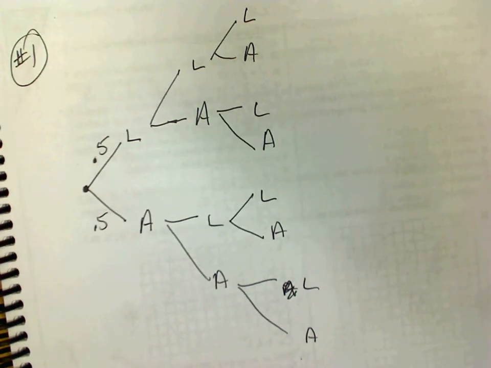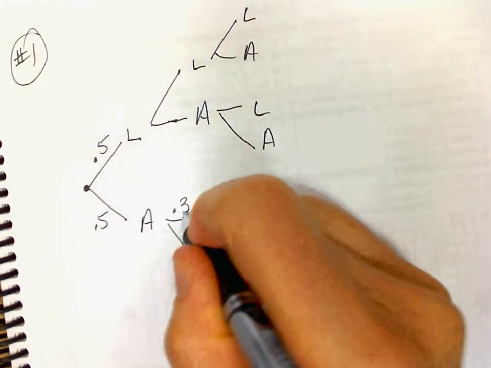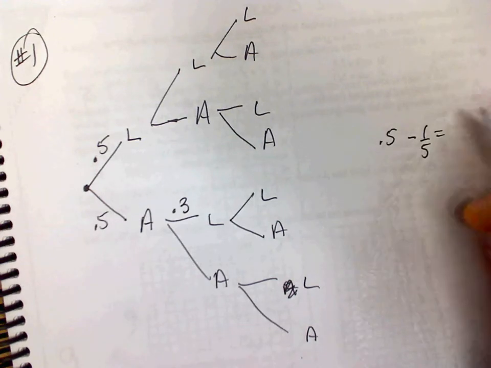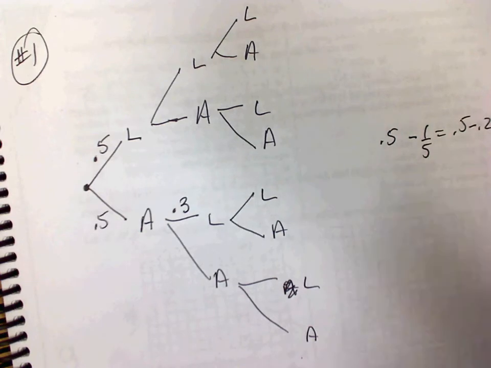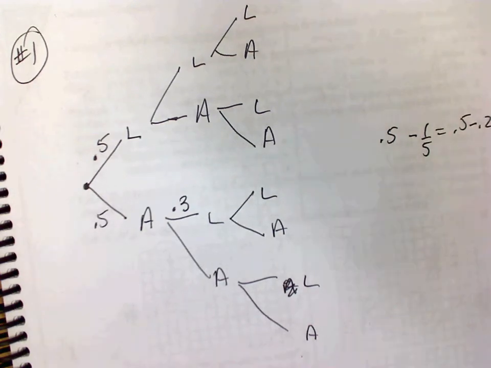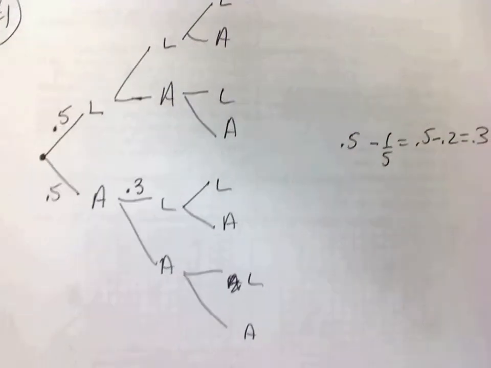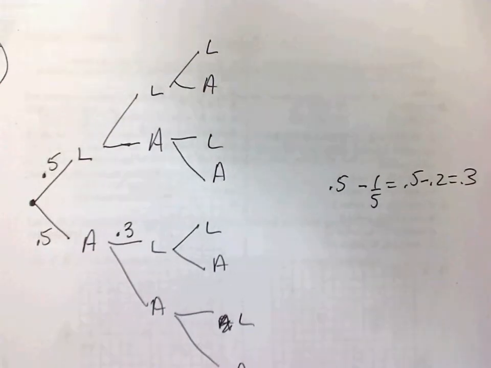So this is going to be 0.3, right? 0.5 minus 0.2 is 0.3. So the chance of Andrea winning if she wins her first game is 0.7.